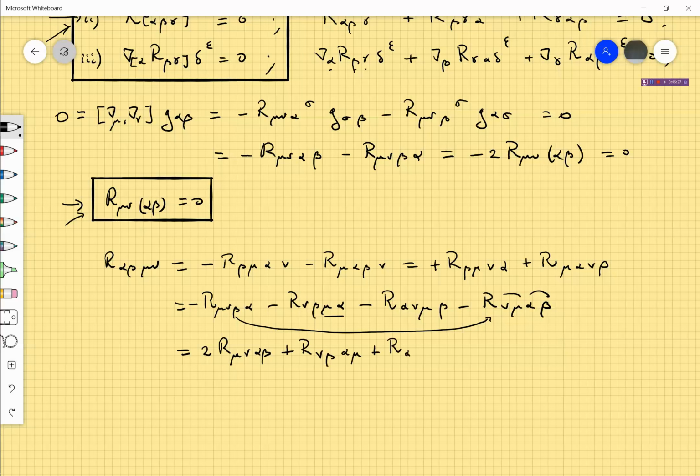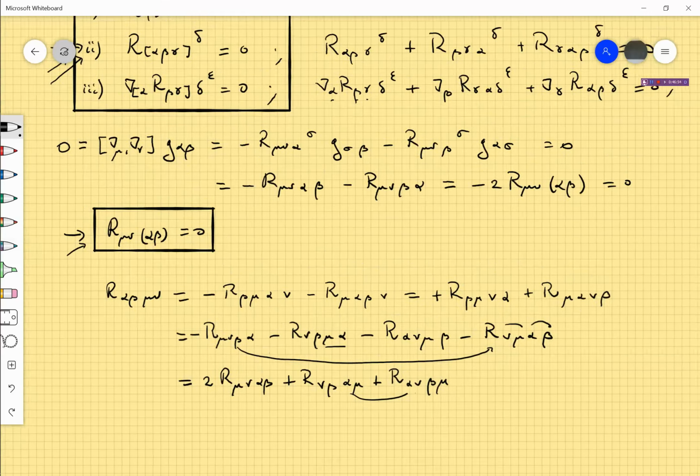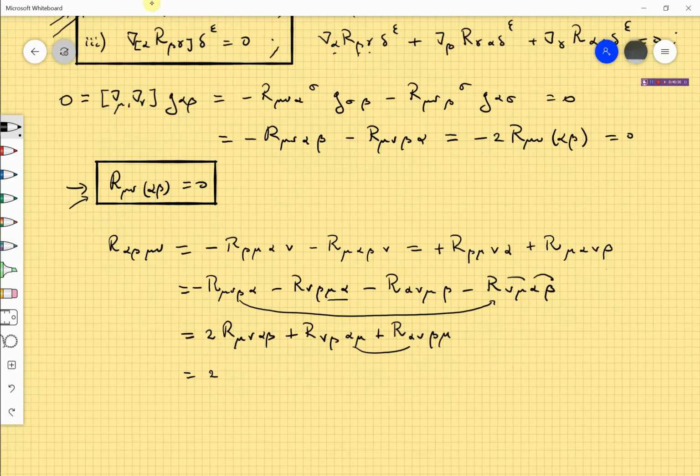I get R alpha nu beta mu, and you see that in this term and this term, you can obtain the second by a cyclic permutation of the indices of the first, or vice versa. So they give me, again using this Bianchi identity, only one term, so it's R mu nu alpha beta, and then minus the only one that remains, R beta alpha nu mu.